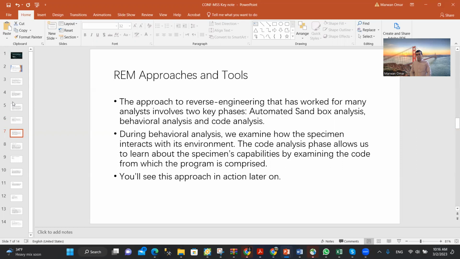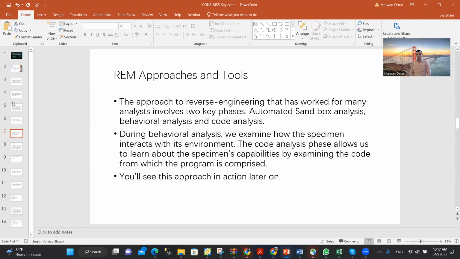Because analyzing malware can be a daunting task. To help us alleviate some of the challenges associated with analyzing malware, we can take advantage of some of the tools that are publicly available.